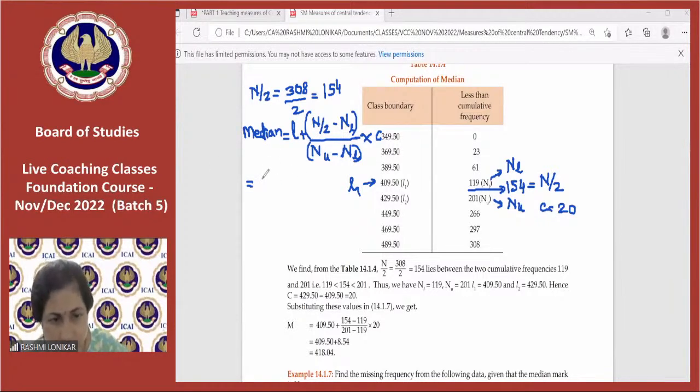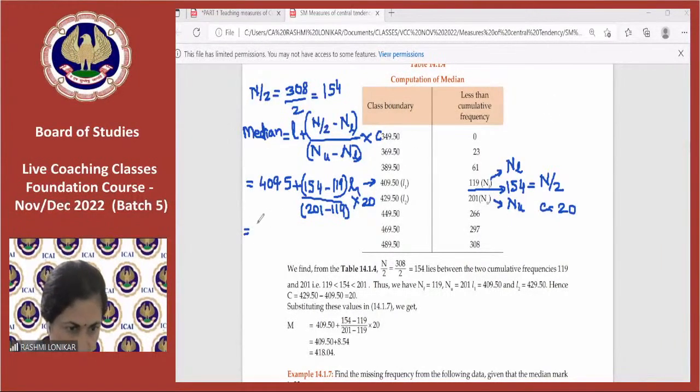L, the lower class boundary, is 409.5. What is N by 2? 154. What is NL? 119 upon 201 minus 119 into 20.